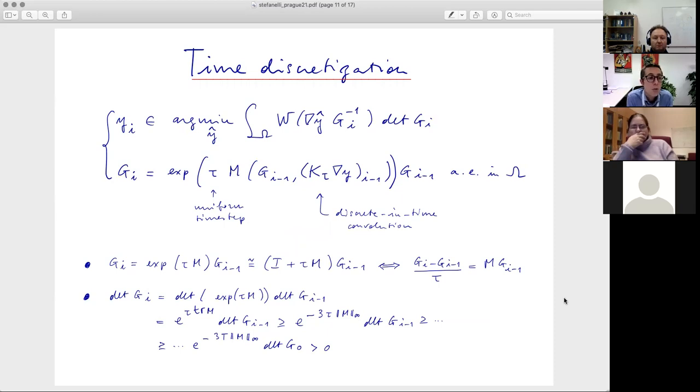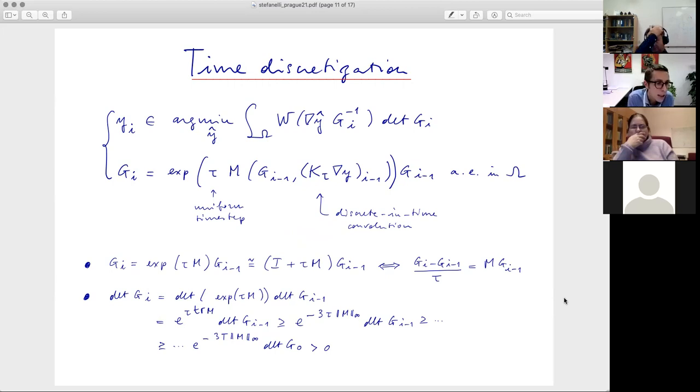The deformation y is just a minimizer, one of the minimizers, maybe many, of this energy given the growth tensor g_i. This you can always solve. If you give me a g_i which has a determinant well separated from 0, I can find a solution because my density is coercive and polyconvex.